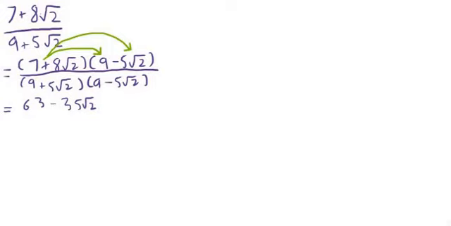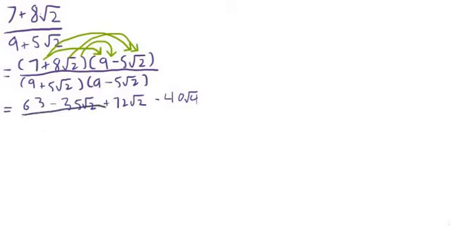Then we'll have 8 root 2 times 9, which will just be plus 72 root 2. Then we will have 8 root 2 times minus 5 root 2, and it will be minus 40 root 4. And we can simplify that in a minute.